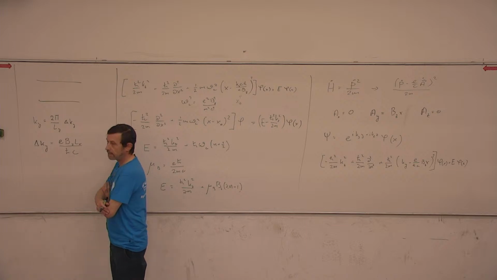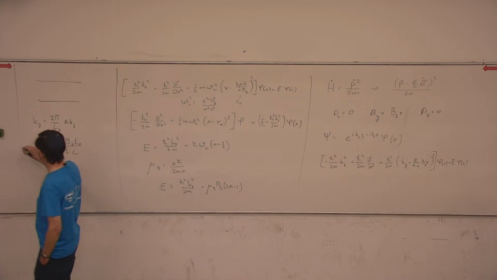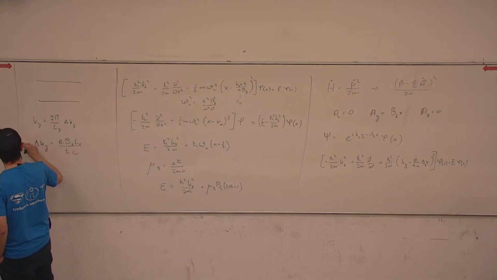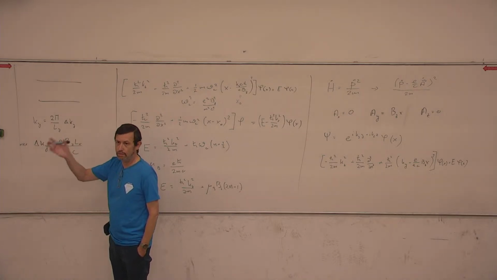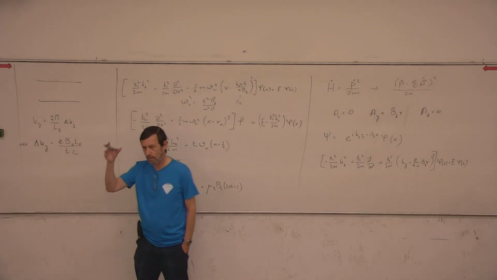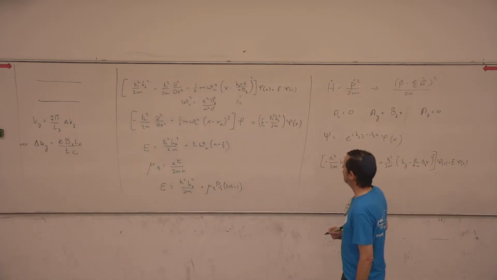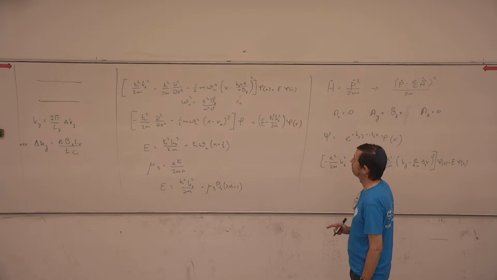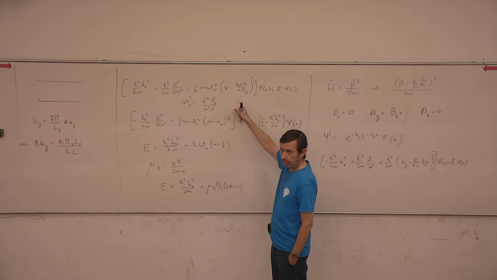Now, I estimate the largest ky's that can come into the game. So this is just anything that I would have done for a solution of the type e to the power i ky y. But look, I have here x0.